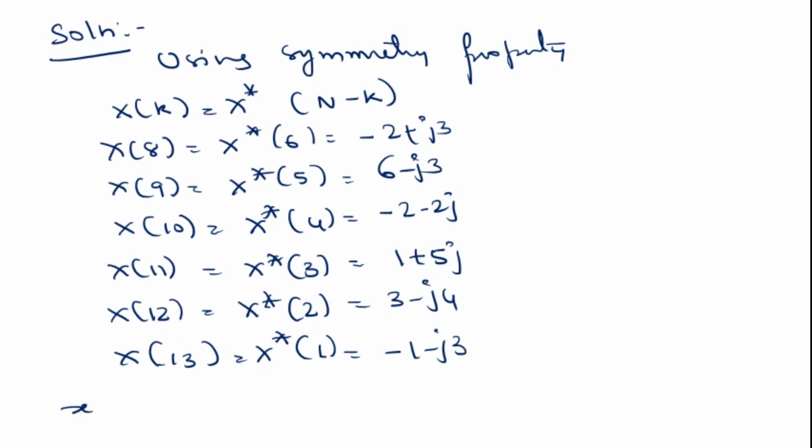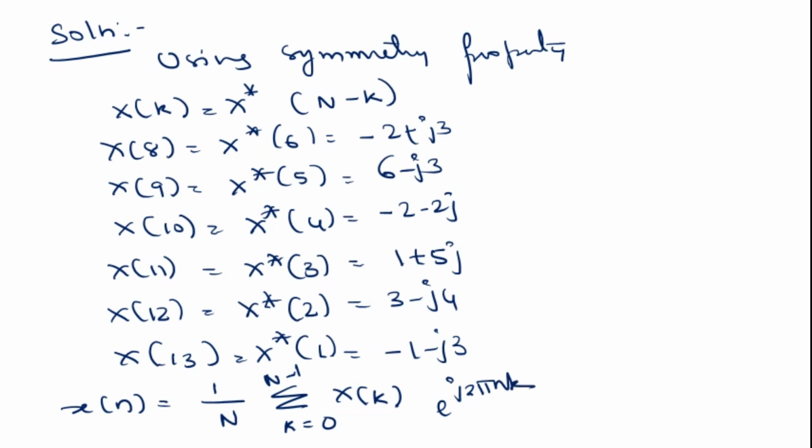We know that x of n is equal to 1 by n, summation k is equal to 0 to n minus 1, x of k into e power j 2 pi nk by n. Then x of 0 is equal to 1 by 14, summation k is equal to 0 to 13 into x of k.